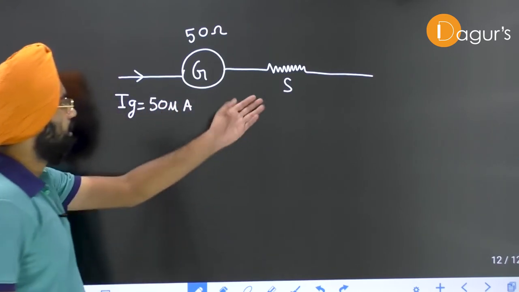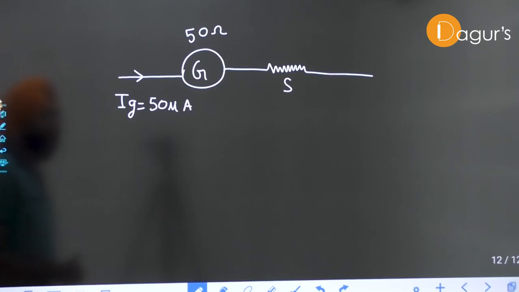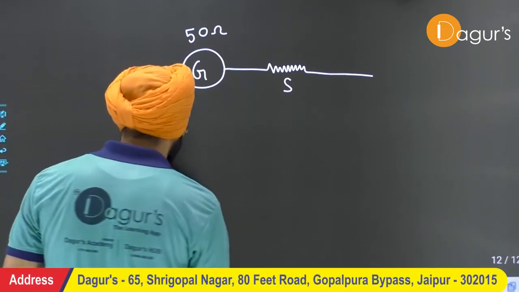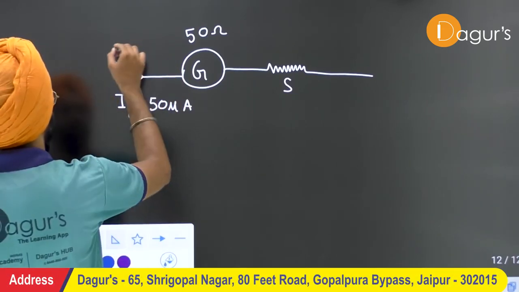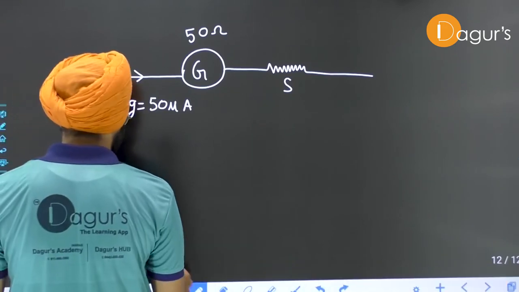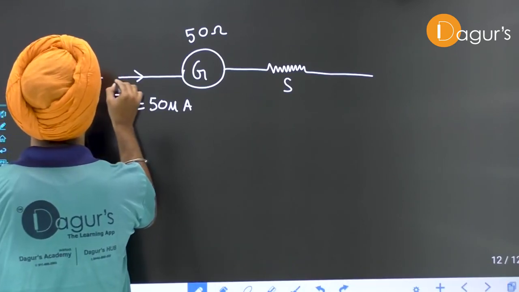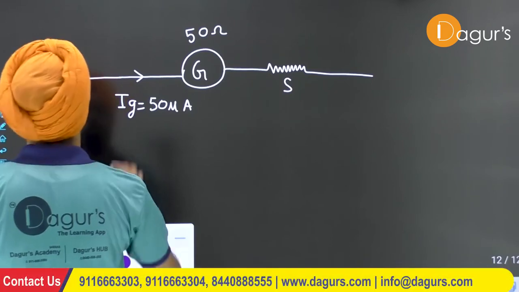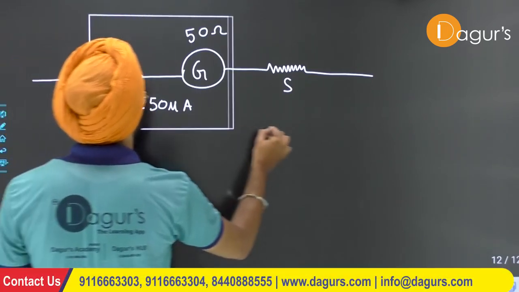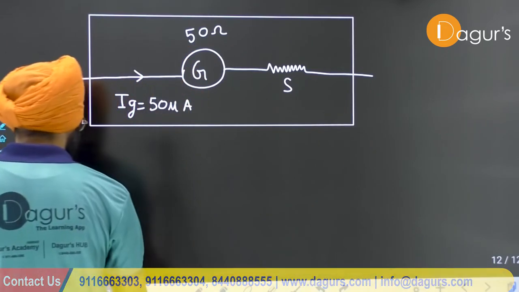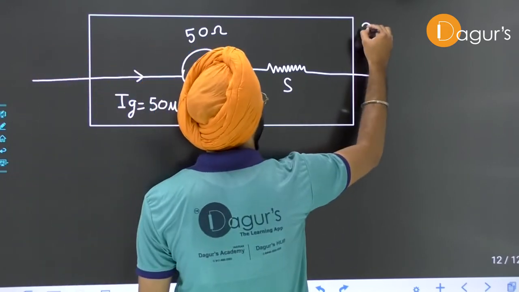We need to find this resistance S, and one more thing is given: the range of this galvanometer is 0 to 5 volt.